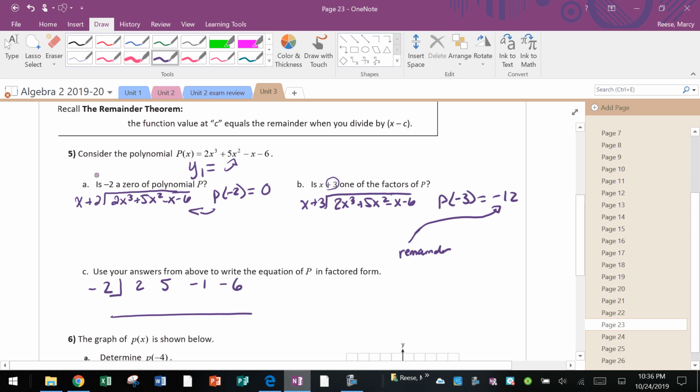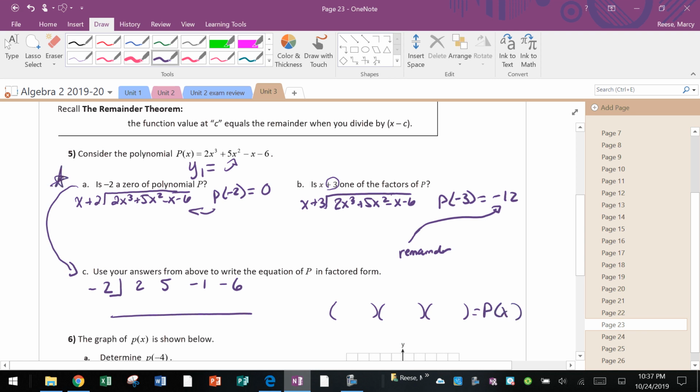So we know this one's going to work. Do your long division, break it down, and then factor it again. I will give you a clue: there will be three of these left when you're done. So I want this p of x in factored form.